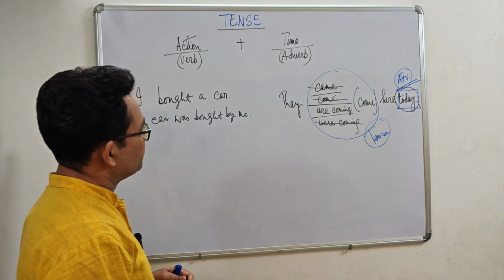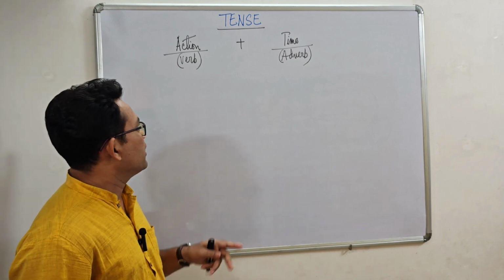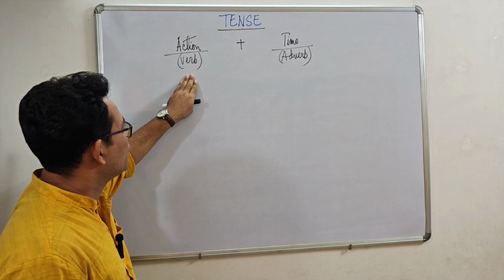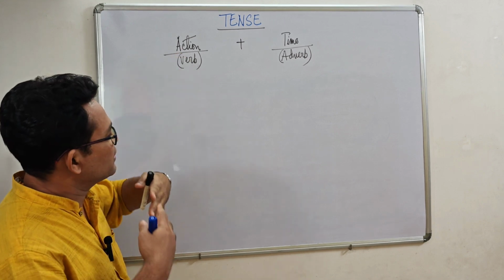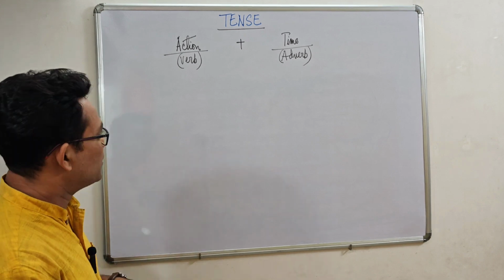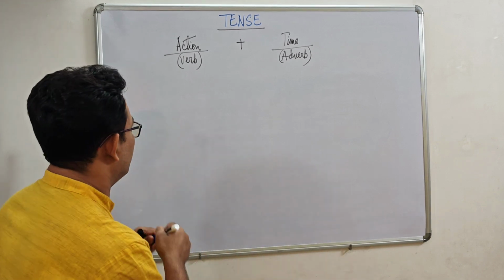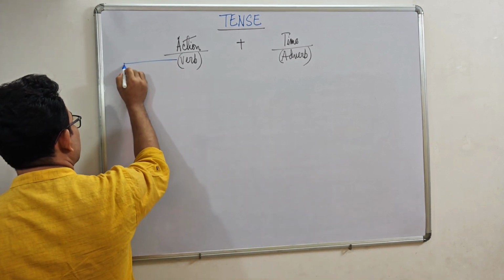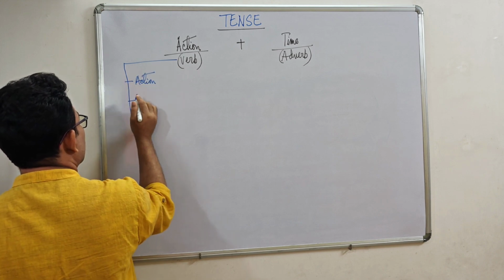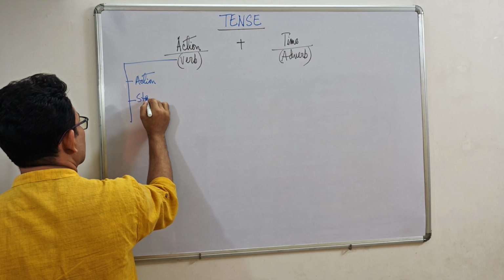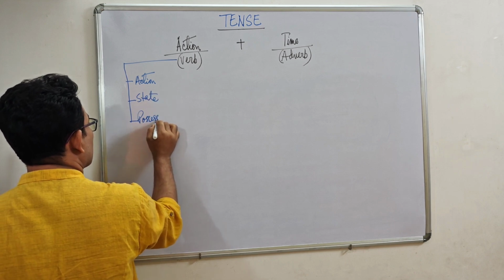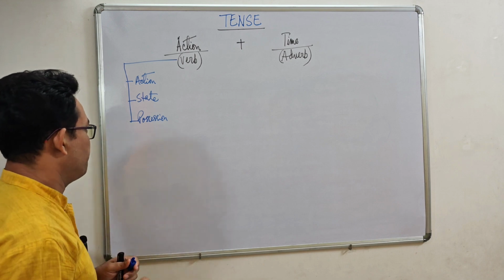All right. Now, let me also tell you that whenever we talk about a verb, a verb doesn't always indicate action. For the sake of better comprehension, I have written action over here, but we can have other ideas as well. So verbs can indicate action, state, or possession.